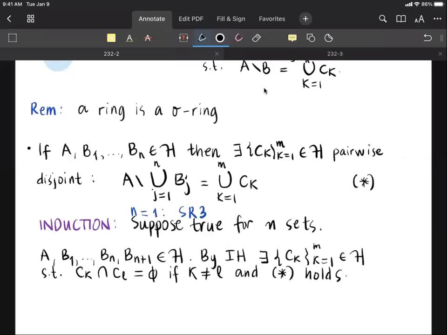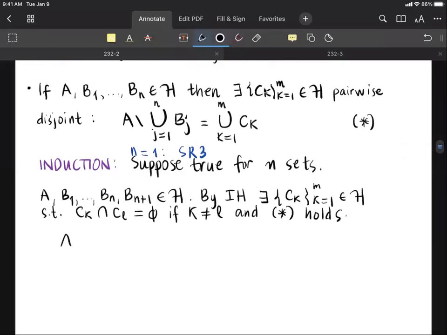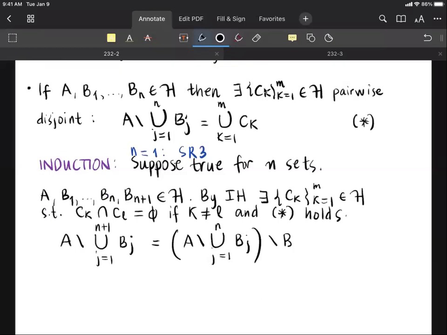Now, our aim is to show that A minus the union of the sets B sub j can also be written as a finite union of pairwise disjoint elements in the semi-ring H. Well, in order to apply the induction hypothesis, we need to subtract from A the union of the sets B sub 1 up to B sub n, and after that we subtract B sub n plus 1.